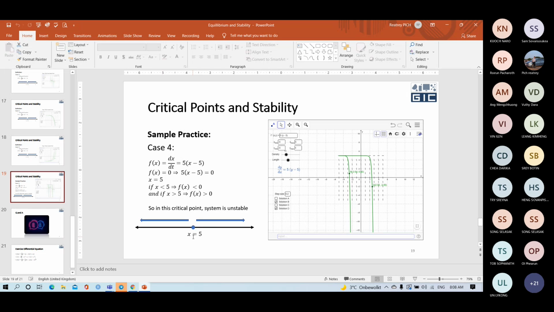This is the way that you can prove it by the phase diagram. But how can I know the flow of the system? You see, we cannot identify whether the flow of our system is decreasing or increasing; you have to plot the slope field. So I try to input it in the slope field. As you see, this is the critical point, x equal to 5. This variable is y, but here I put x, so it's the same.